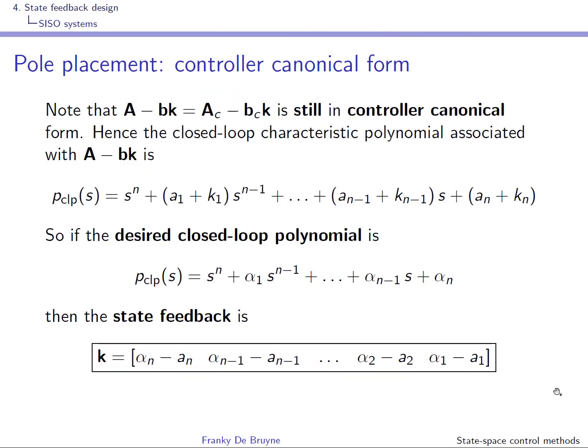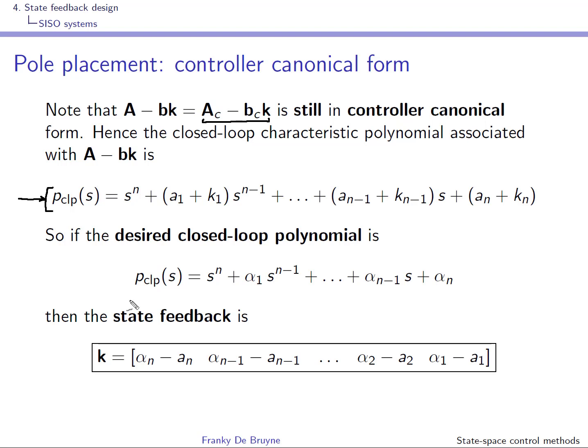Well, we've seen that if the system is in controller canonical form and you apply state feedback, you end up with a state matrix that is again in controller canonical form. The closed loop characteristic polynomial is given over here.